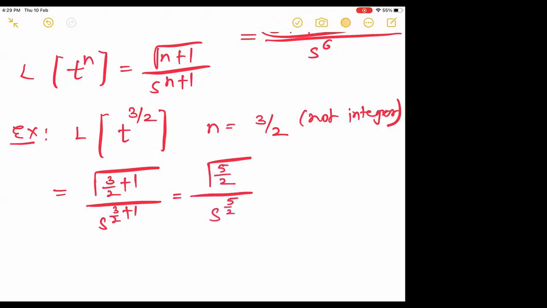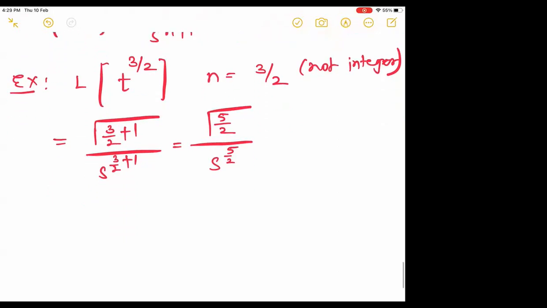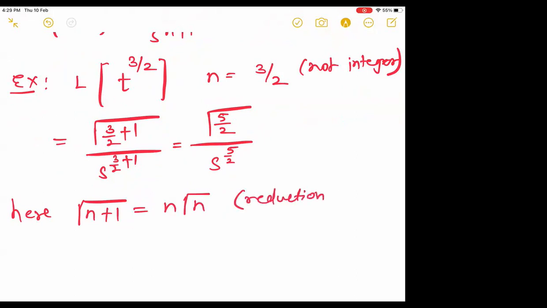So 5 by 2, of course, you cannot write it in the factorial notation because it's a fraction. So here we are using another property of the gamma function, that is gamma of n plus 1 can be written as n into gamma n. This is called as a reduction formula for the gamma function.